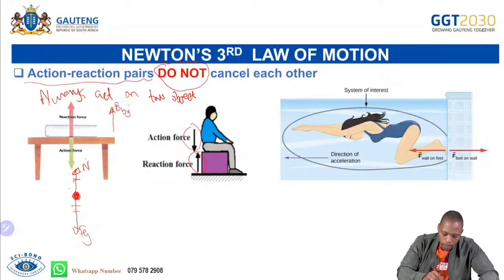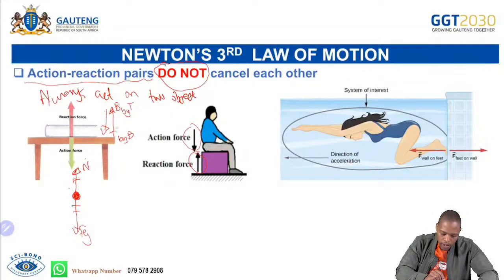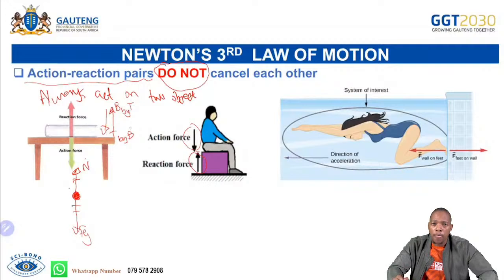So book by table. Are we together? So this is the force exerted on the book by the table. Its reaction force will face in the direction like this. It will be table by book. It will not be the force of gravity. We need two objects. I'm talking the book and the table. Here I'm also talking the book and the table.